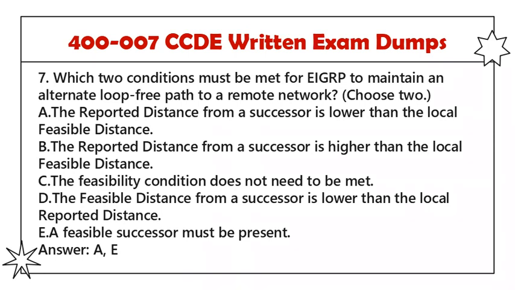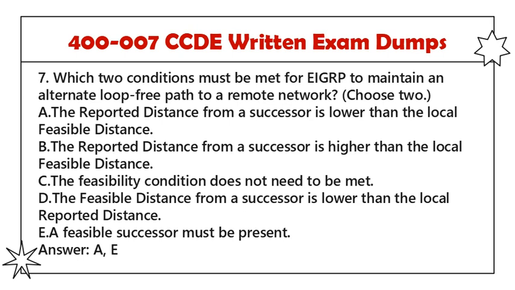7. Which two conditions must be met for EIGRP to maintain an alternate loop-free path to a remote network? Choose 2. A. The reported distance from a successor is lower than the local feasible distance. B. The reported distance from a successor is higher than the local feasible distance.